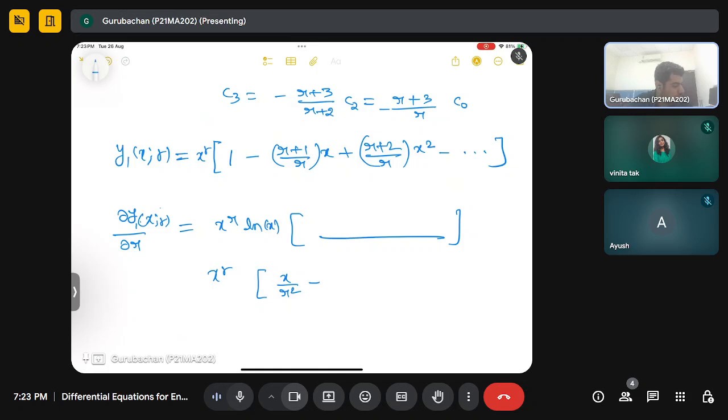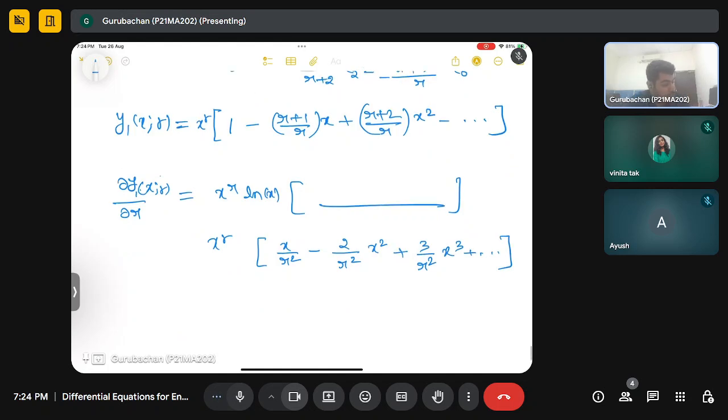Another term will give you minus 2 by r squared x squared, plus it will be 3 by r cubed, with a minus sign, so r cubed not r squared x cubed, and so on. Like this you will get the other solution for r equal to 0.